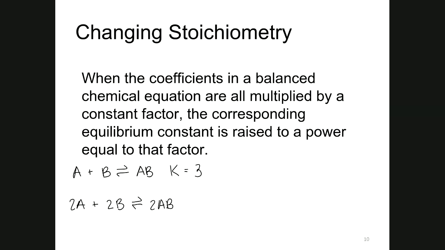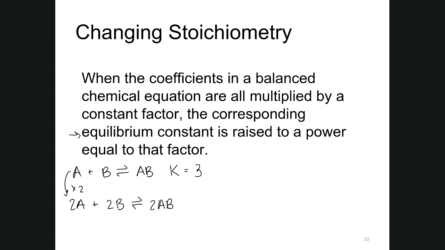Well, what that means for us is we took this first equation and we multiplied it by 2. So you can see up here in the text, it says when the coefficients are multiplied by a factor, in this case that factor is 2, then the equilibrium constant is raised to a power equal to that factor. Because remember, these are ratios and the coefficients become exponents.